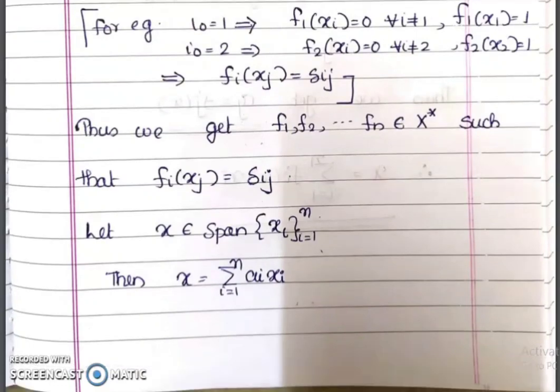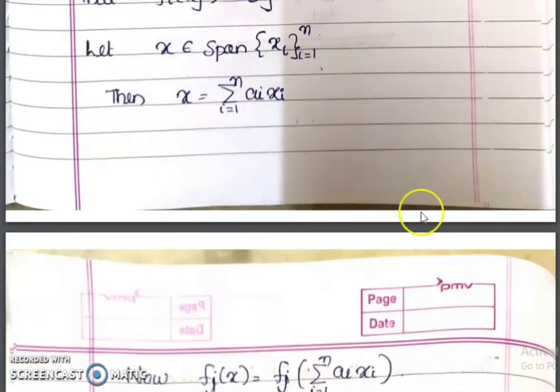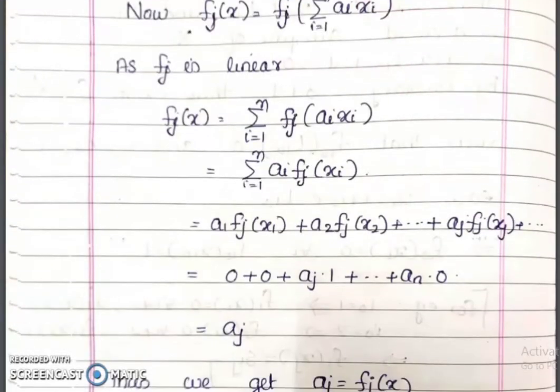Now, let x belong to the span of xi, i varying from 1 to n. Then x you can write as sigma ai xi. Now, what is fj of x? Since fj is linear, fj of x you can write as sigma i equal to 1 to n of fj of ai xi, and that's equal to ai fj of xi.